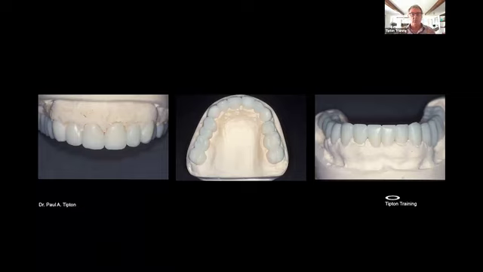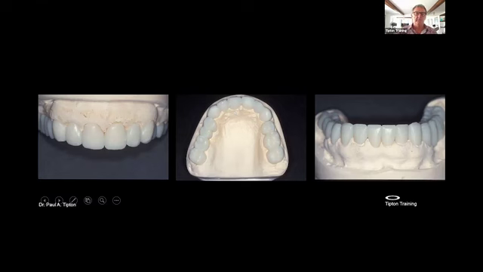Our diagnostic waxing is matching all our thought processes and all the information we know historically and scientifically that's going into this case. We're also taking into consideration the long centric that we need to provide, because these anterior prototypes will not be touching. The lower incisors will end up touching here. We'll get contact from the canine back, but no contact of our upper incisors with our lower incisors.